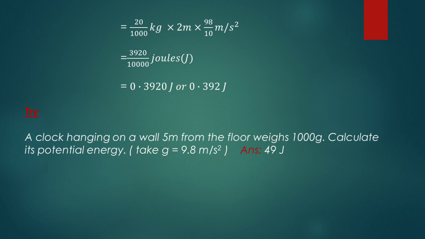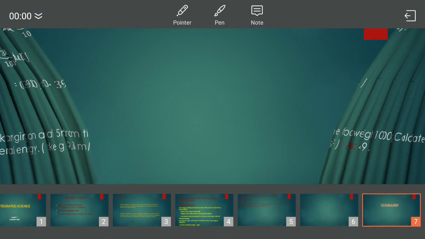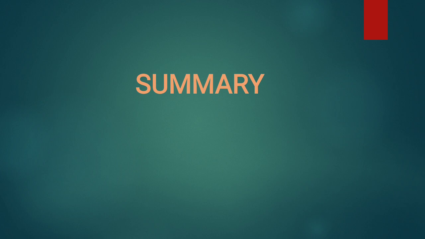I hope you are clear with whatever we have done so far. Now, by way of summary, my dear learners, we looked today at how to calculate potential energy of a body. We noted that potential energy depends on 3 factors.